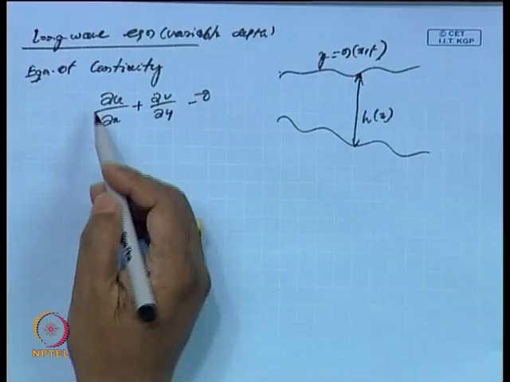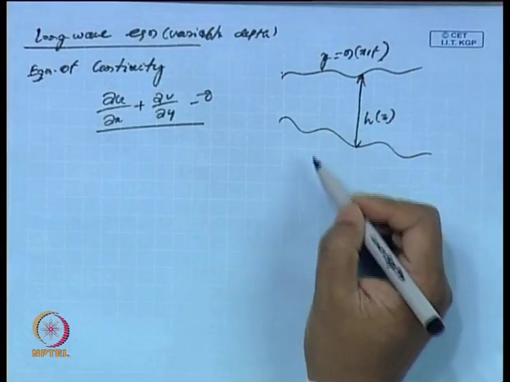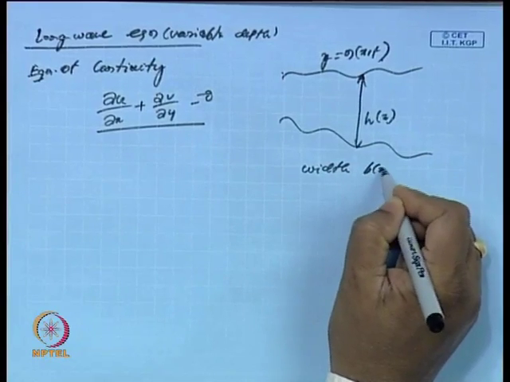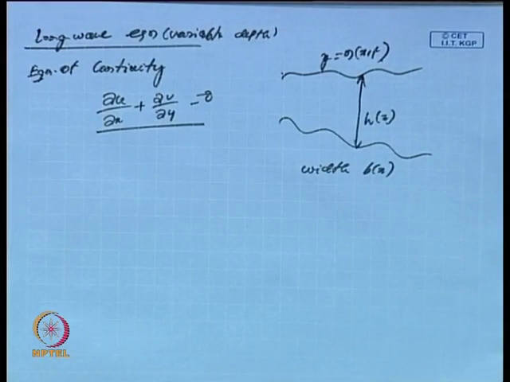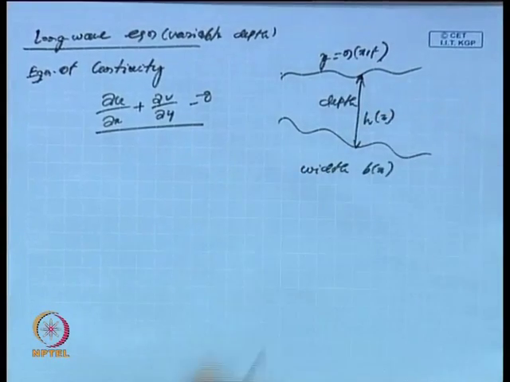We have seen this in the case of 1-dimensional. Now, if I am looking at an ocean of depth h, and I look at the width of the ocean as b of x, this is my depth, this is my width. Then what will happen to the equation of continuity?